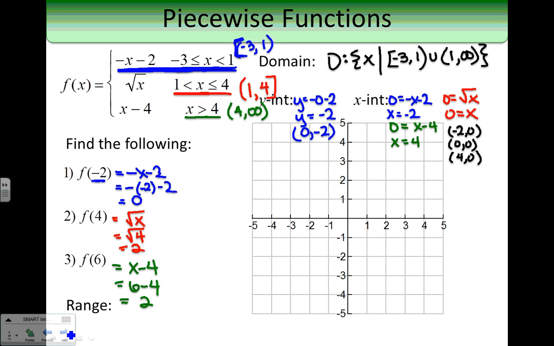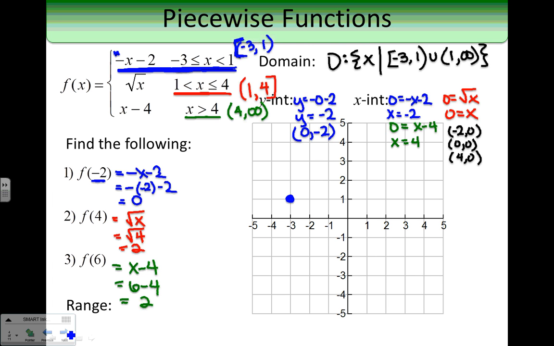So I'm going to start at negative 3 on my x values, and plug in negative 3 for x into this function. So negative of negative 3 is positive 3, minus 2 is 1. So negative 3, 1. And since it can be equal to negative 3, we're going to use a closed dot.